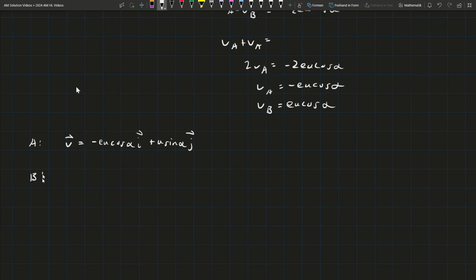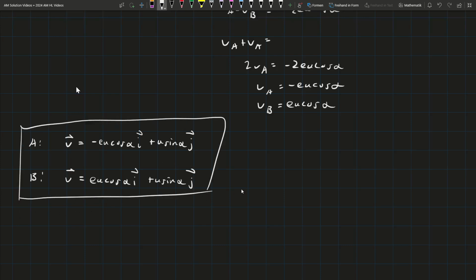And for B, the velocity will be eU cos alpha i plus U sine alpha j. And that's our answer for the velocities of both spheres. Again, important that it's velocity, that it's in vector form.